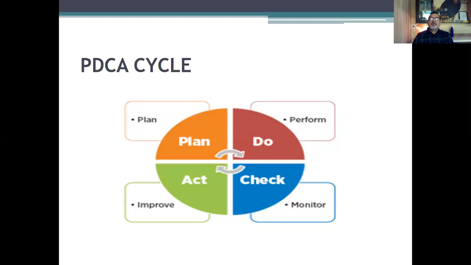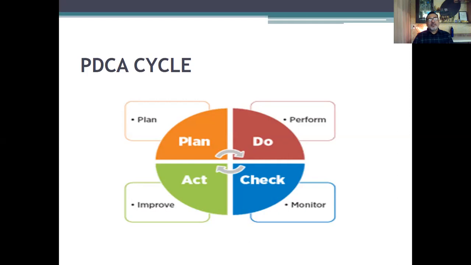The Plan Do Check Act cycle, PDCA, is critical to the operation of the environmental management system as specified by ISO 14001-2015 in terms of achievement against set objectives and continual improvement. It can be described as follows. Plan, the establishment of objectives and processes that may deliver them in harmony with the environmental policy established by the organization.